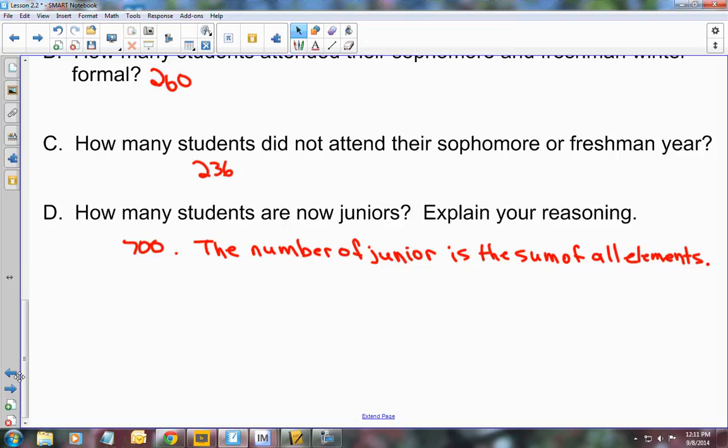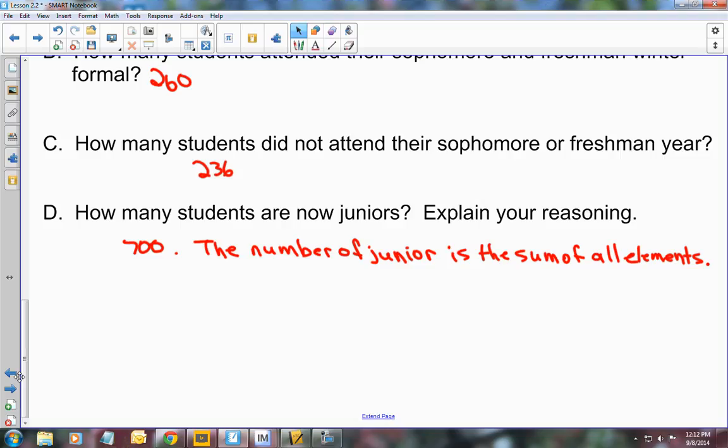All right, so we talked about what a statement was and whether you can determine if it's true or false. If I said that Carly's favorite sport was basketball, would that be true or false? That would be a false statement. But if I said Carly's favorite sport is softball, would that be true? That would be a true statement. Now, if I join two statements with the word and, what's that called?